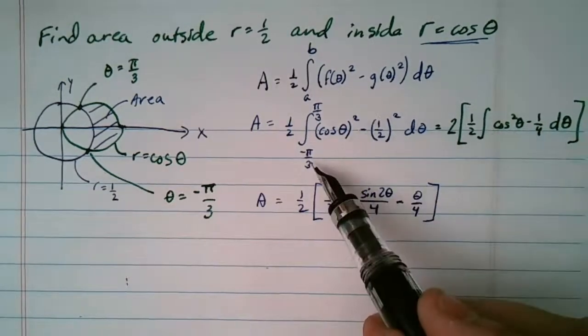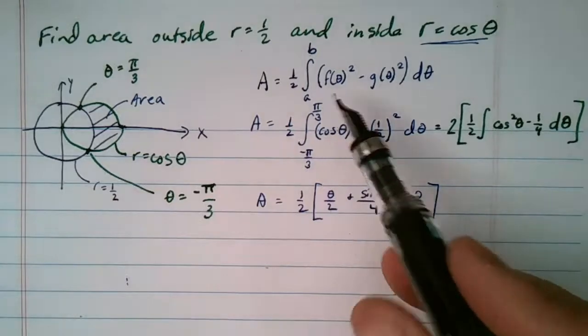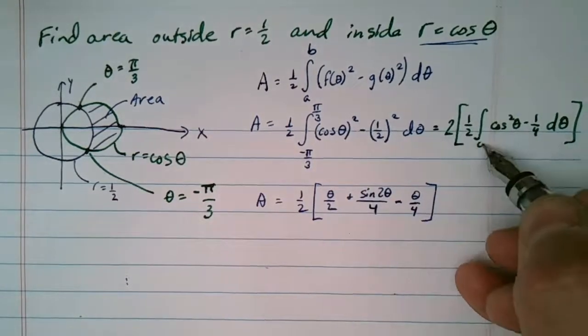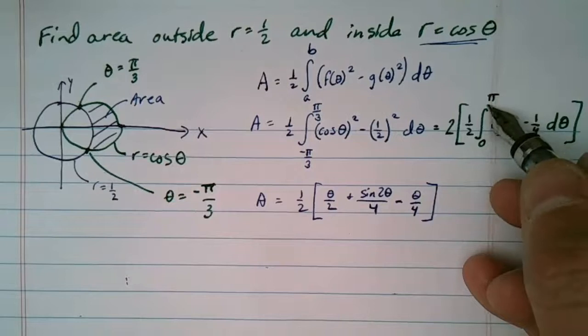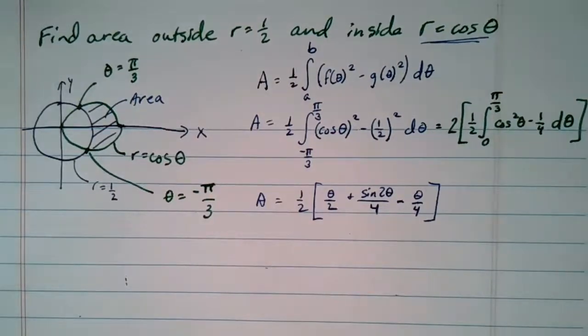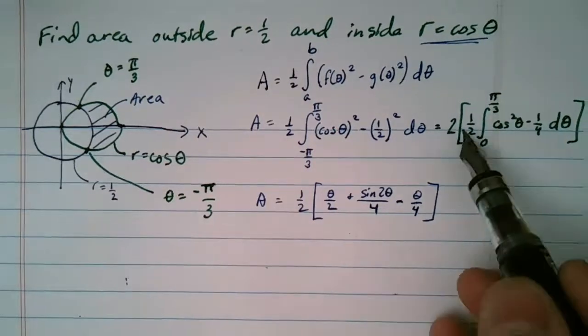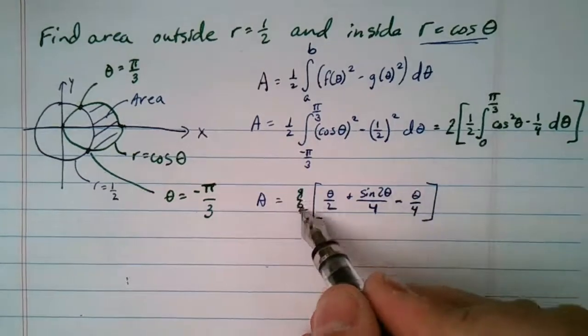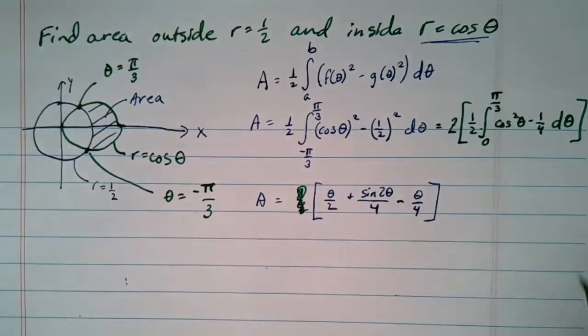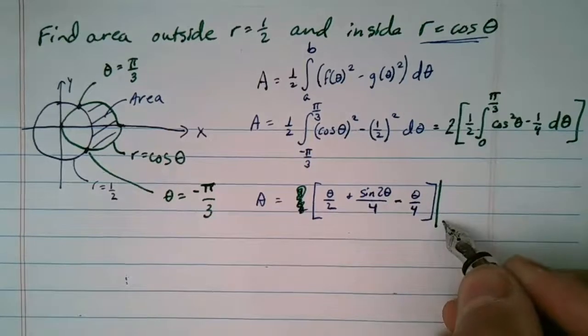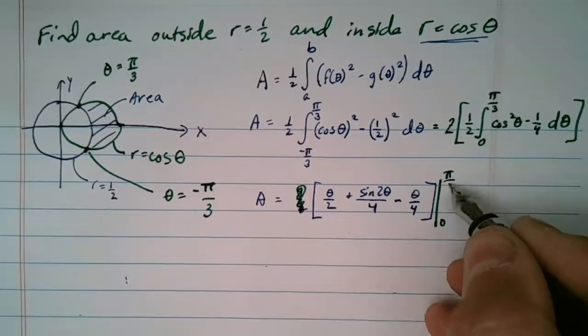And instead of integrating from negative pi by 3 to pi by 3, I'm going to multiply by 2 and integrate from 0 to pi by 3. Okay, so I'm going to cheat here. What happens is the 2 and the 1/2 would cancel, so that's going to go away, and that's going to go from 0 to pi by 3.